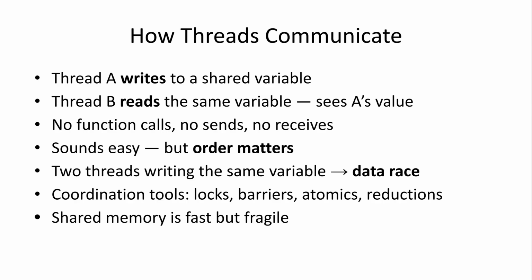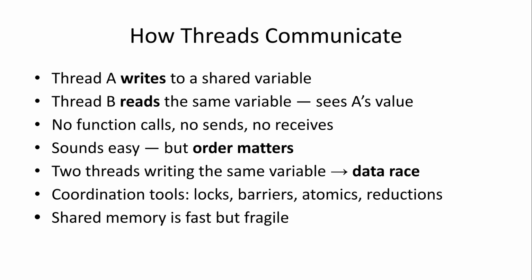For example, thread B comes and tries to read that value, and it will see the value updated by A. It's the same variable, with multiple threads reading it. Here we don't have any special function calls, and there are no sends or receives involved. You just modify the value, and everybody else will be able to see the latest value.